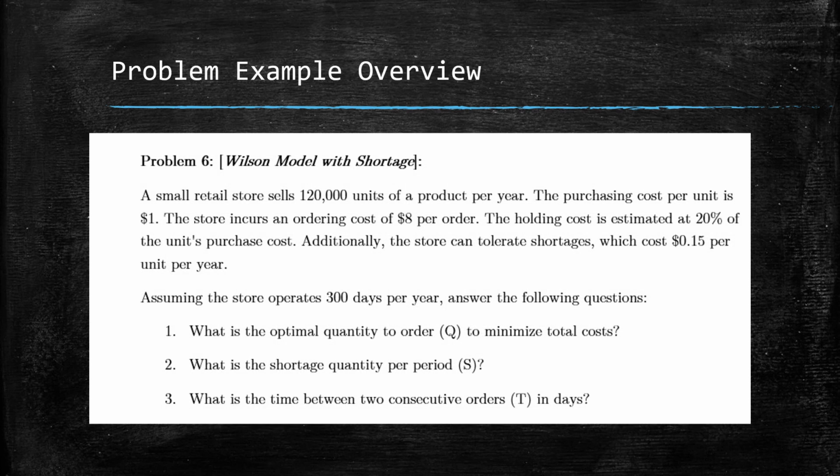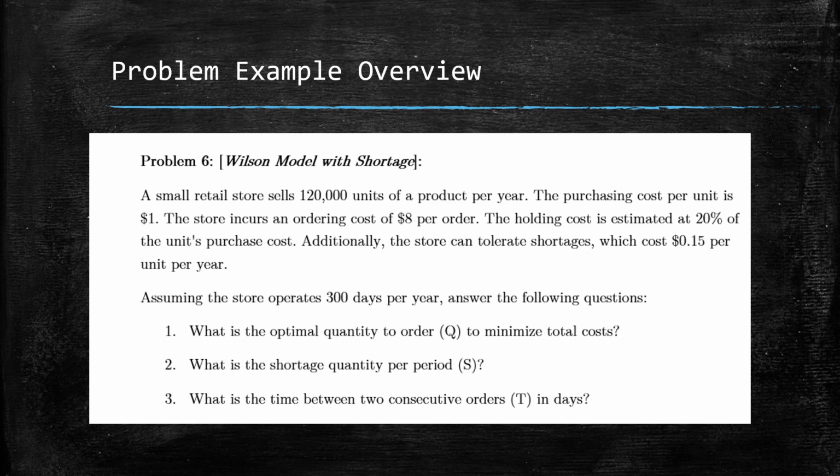Okay, now that we've covered the basics, let's apply the Wilson model with shortage to a real-world example. Imagine we have a small retail store that sells 120,000 units per year. Each unit costs $1 to purchase, and each order costs $8.